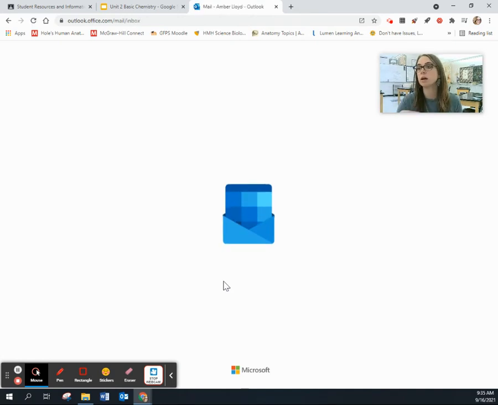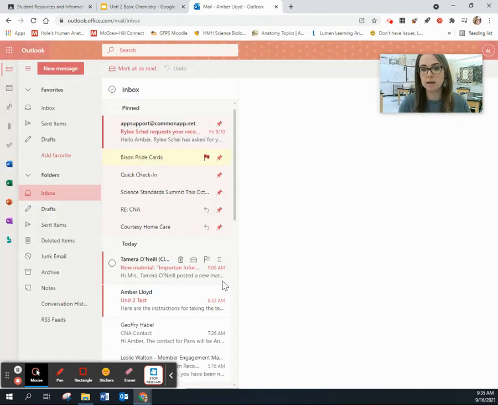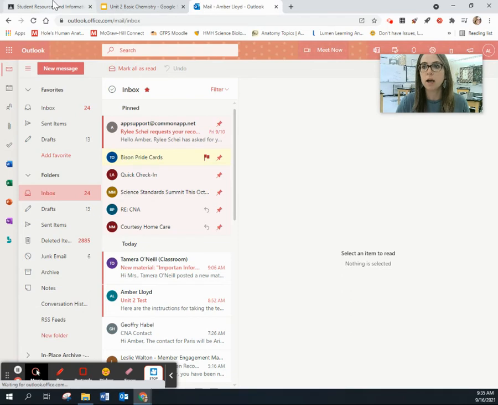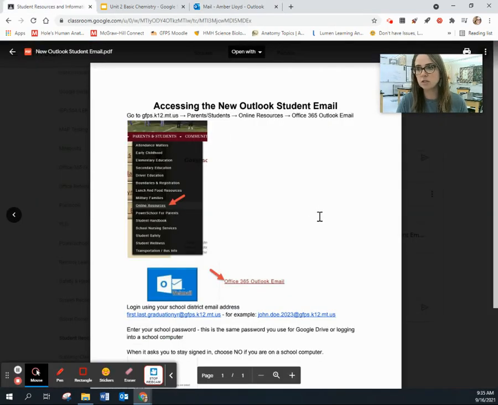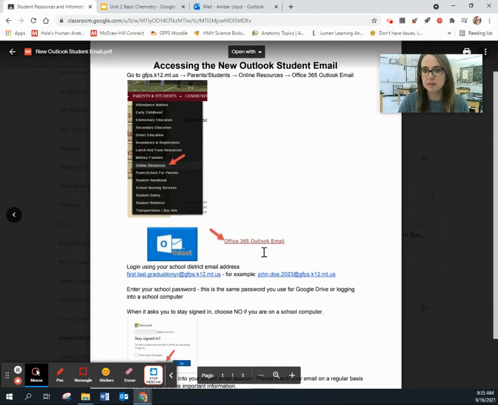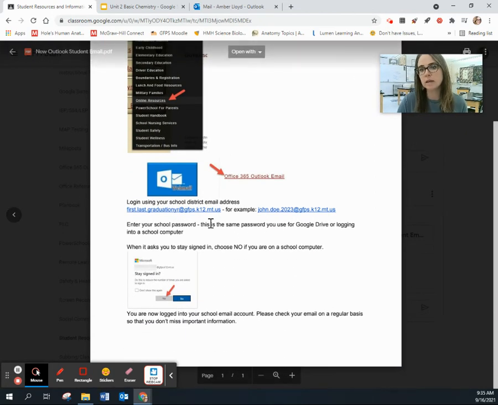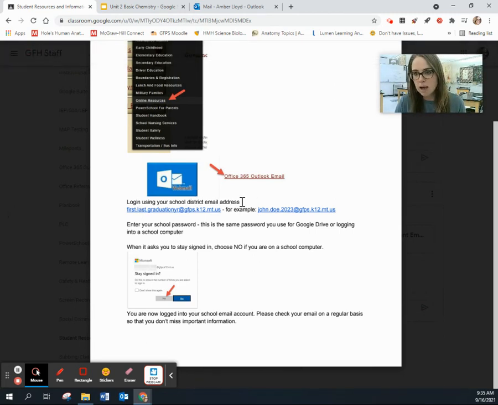Now, I'm already logged in to my email and webmail. If you don't know how to log into your email, I will attach in Google Classroom this PDF that shows you this. So go to Parents and Students, Online Resources, which I just showed you. Here it is, and this has the information about logging in. You're going to use your regular school district email address.